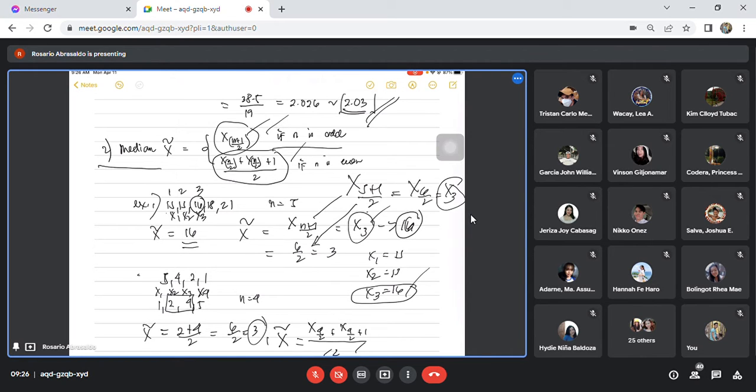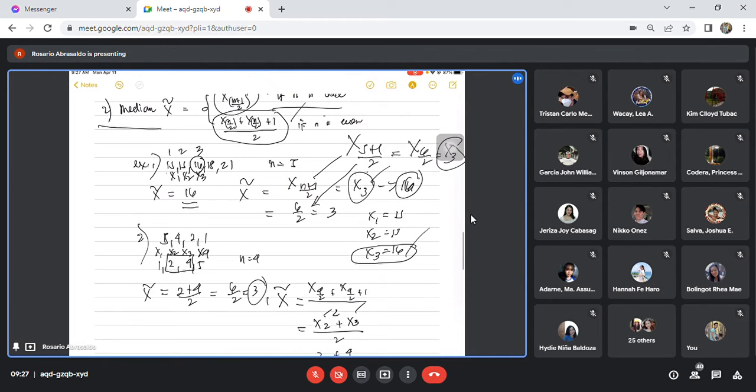Number 2. Kung ang ato ang data, even siya. So, sayon ra kaayo, i-arrange na nato siya in ascending order. So, i-arrange 1, 2, 4, 5. So, kaning first two middle value, added together, divided by 2, then we get 3. Okay.